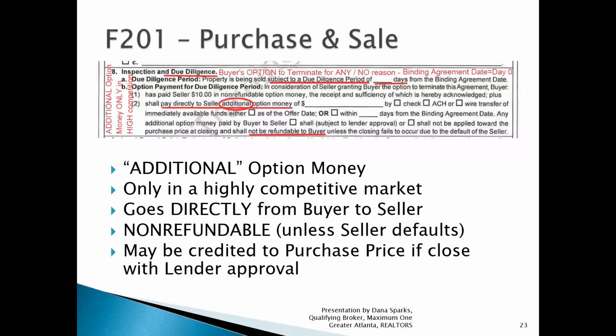It is completely money at risk. It is only refundable to a buyer if the seller defaults. And I do not see this in a more normalized market, which is what we are in now. This is February of 2023 while we are teaching this class. But I just wanted to address that in a more normalized market like we're seeing now, we usually see 0 there. This is not earnest money.